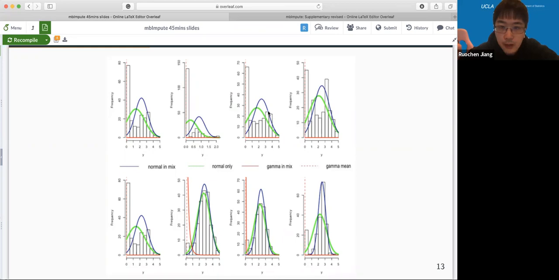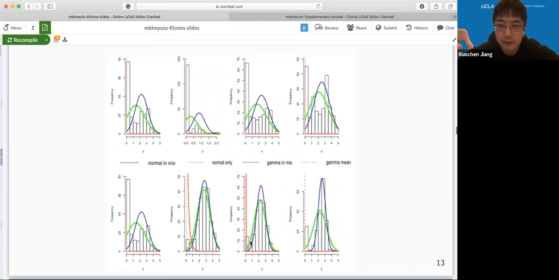In order to determine which parts are the real, the biological zeros and which parts are not biological zeros, we try to fit a gamma distribution and a normal distribution to separate them from each other. And so the choice of using a gamma normal mixture is based on previous literature.